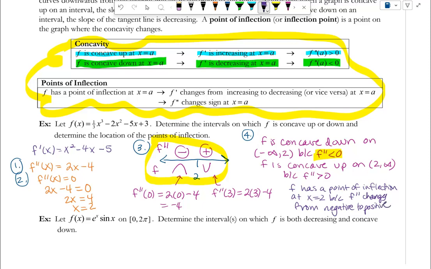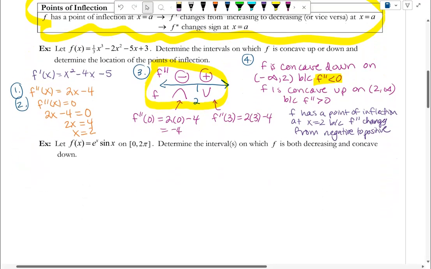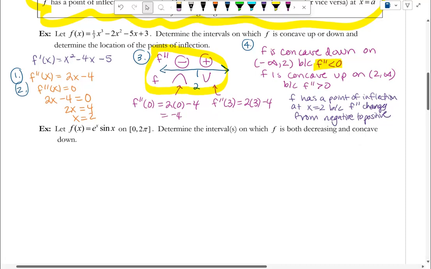All right, let's look at this next example. We are given a function f equals e to the x times sine of x, and we're given a closed interval, 0 to 2 pi, and we are asked to determine the intervals on which f is both decreasing and concave down. So let's take that one at a time.